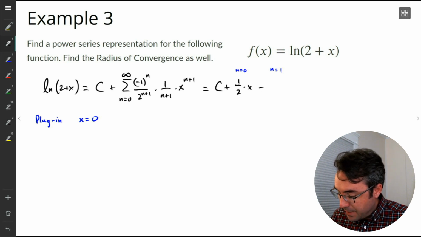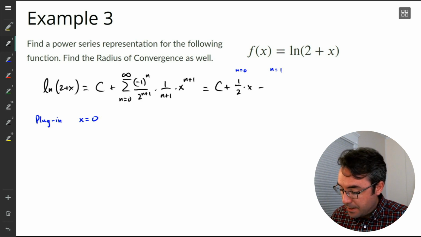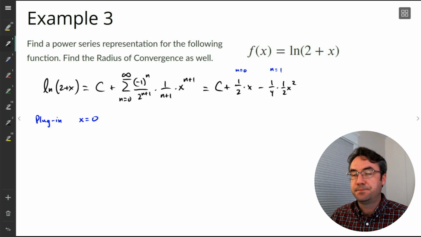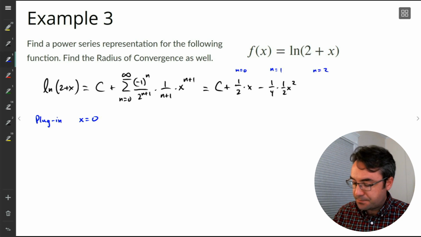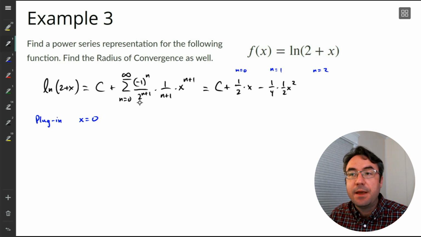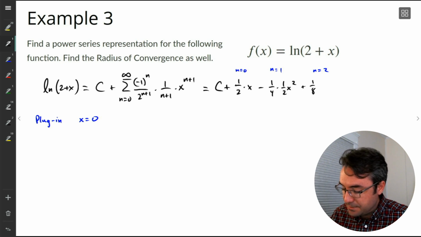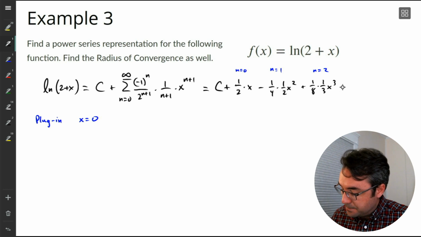Well, there we'll have minus, so it's going to be negative. And then when n is 1, we're going to have 1/4 times 1/2 x squared. And maybe one more. What about n equals 2? So when n is 2, this is going to be positive. And then we'll have 2 to the power 3, so plus 1 over 8, times 1 over 3 x cubed. And so on.